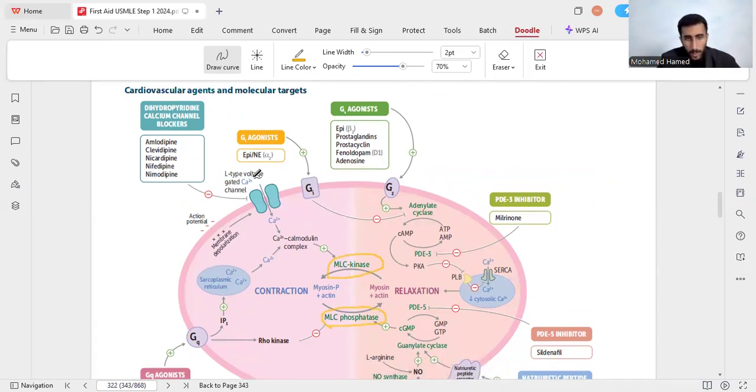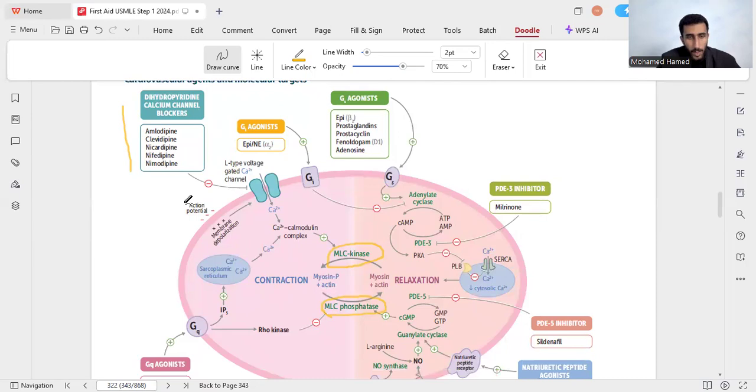First, calcium goes through the calcium channel, and there are drugs that will block this process. Calcium at the end activates the myosin light chain kinase and puts our vessels in the contracted state. If we knock this receptor out and do not allow the calcium to go in, we cause relaxation. These are amlodipine, clevidipine, nicardipine, nifedipine, nimodipine, the different calcium channel blockers.